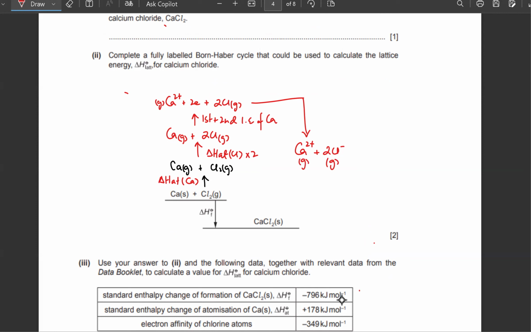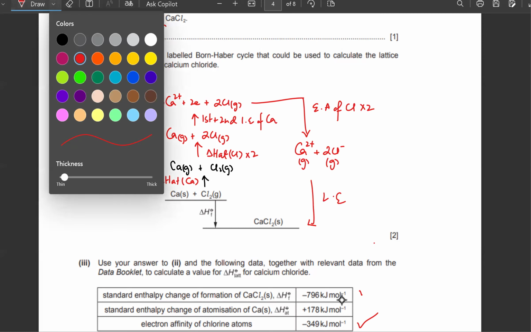Remember, the electron affinity of Cl is exothermic, so my arrow is now going downwards. So this is the electron affinity of Cl times 2. And finally, the gaseous ions form the lattice, right? So that's your lattice energy.